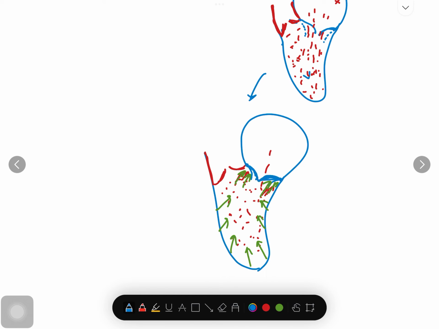Now the ventricle itself starts contracting. The ventricle is starting contraction, so this further puts pressure on the valve, and this leads to complete closure of the valve. The valve gets completely closed.